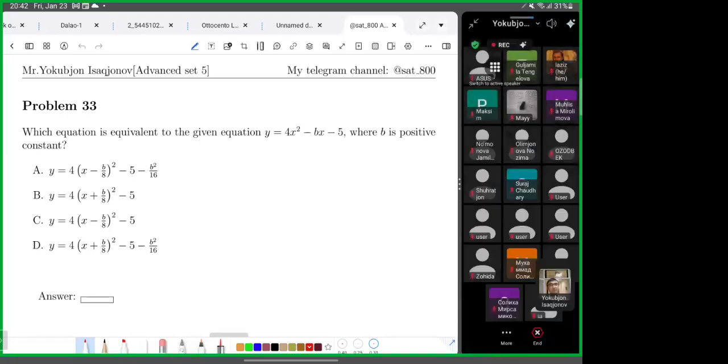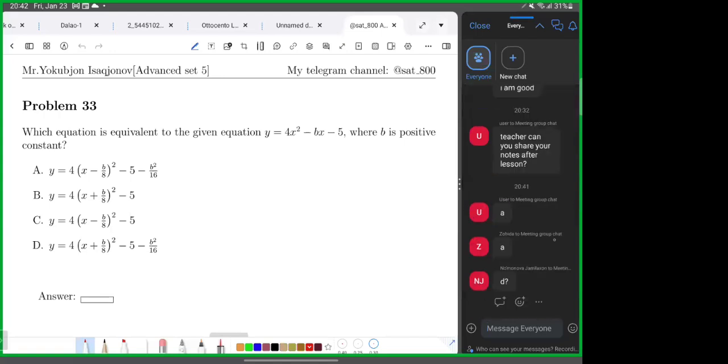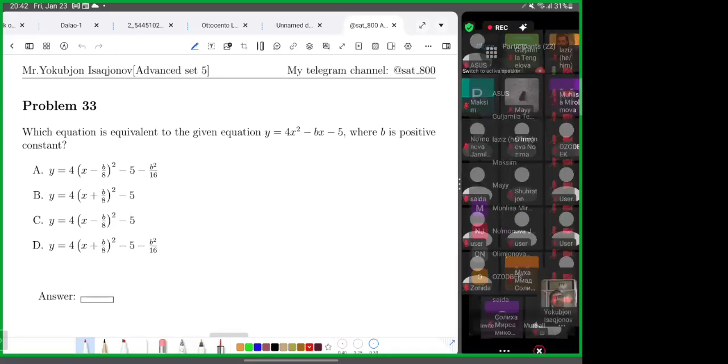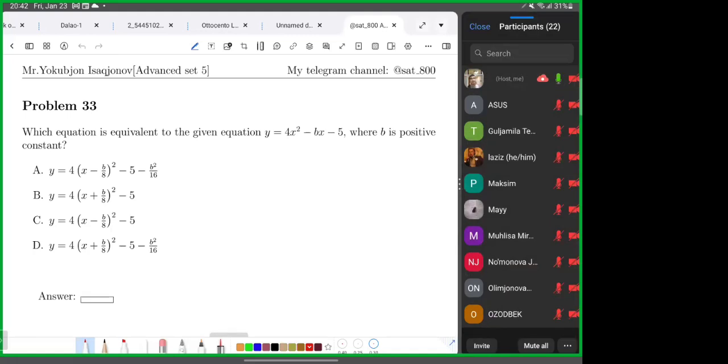Here two students answered. So let's solve this question together. First of all, let's find, according to the formula, the values of x0 and y0. I remind you the vertex form is a times (x minus x0) squared plus y0.